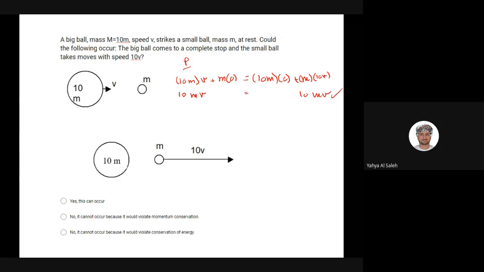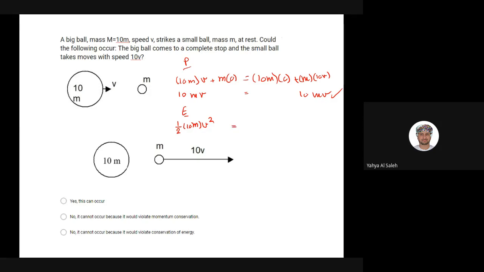Okay, this is good. Let's look at energy. What types of energy do we have here? Anyone? Kinetic energy. Do you have anything other than kinetic energy? So initially I have half 10m v squared.